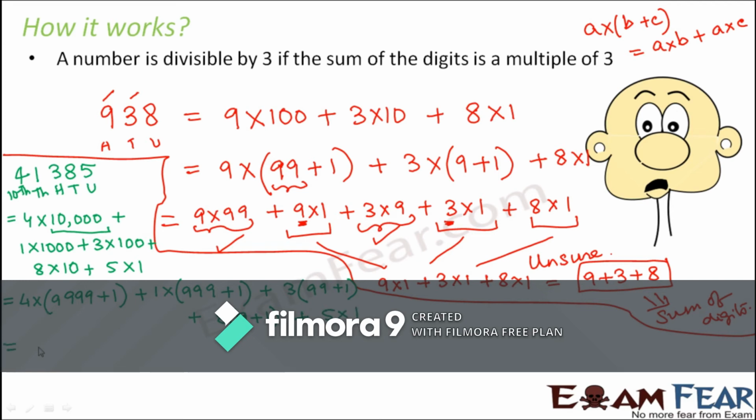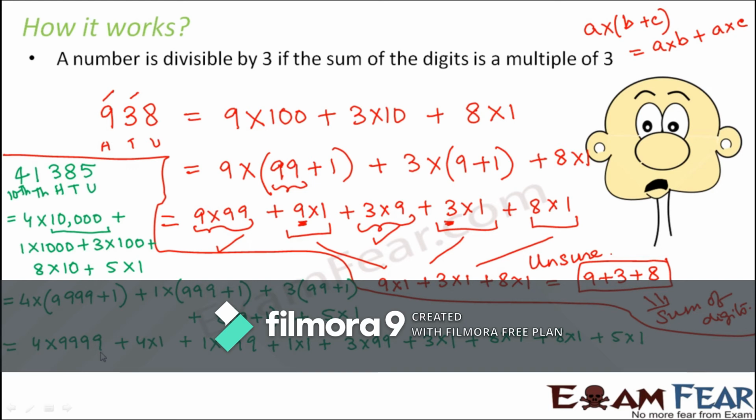So this is how we will write it. By distributive law, this would be 4 into 9999 plus 4 into 1 plus 1 into 999 plus 1 into 1 plus 3 into 99 plus 3 into 1 plus 8 into 9 plus 8 into 1 plus 5 into 1. So this is what you get applying distributive law of multiplication over addition.